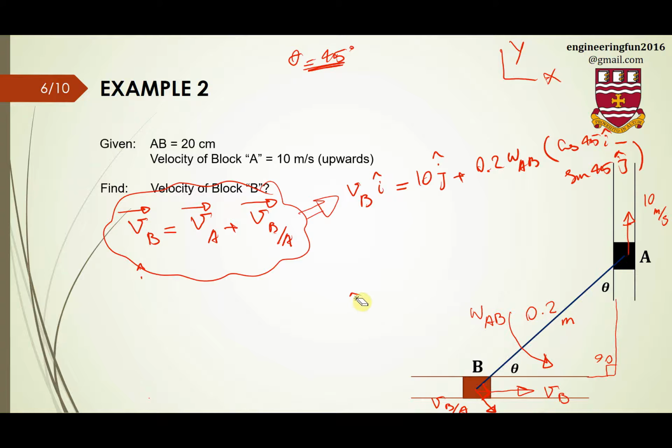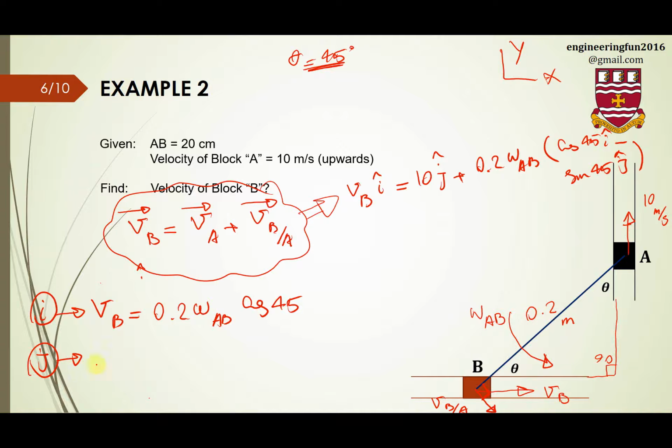All I need to do at this point is to find the coefficient for i and j on each side and make them equal. On the left side, the coefficient of i is VB. Here, the coefficient of i is 0.2 omega AB cosine 45. We don't have anything else here.